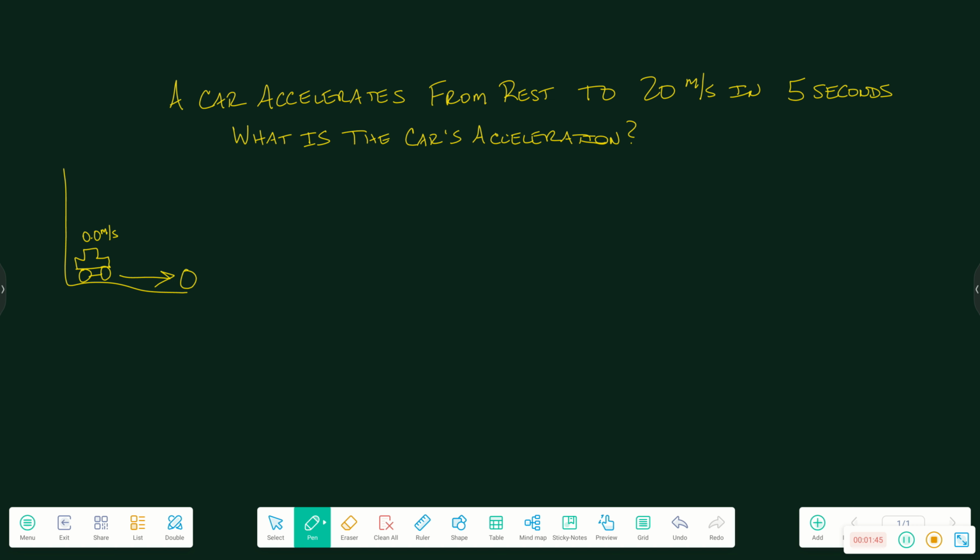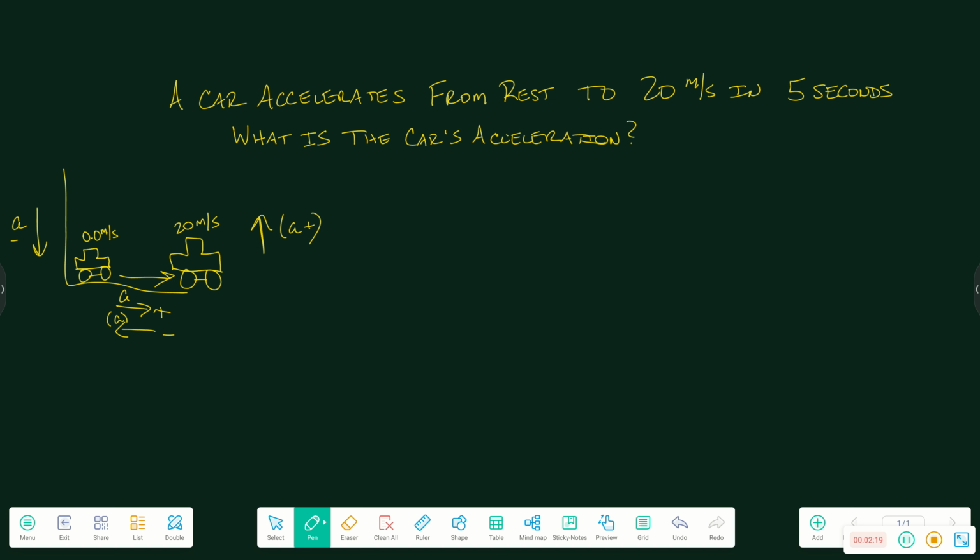And then when the car gets here, it's actually going 20 meters per second. Okay, and we know that this direction is the plus direction. This direction would be negative for acceleration. This way would be negative, obviously, for acceleration. And acceleration upwards, doesn't matter here, would be positive. Okay, all right, so that's your diagram of what's happening here.